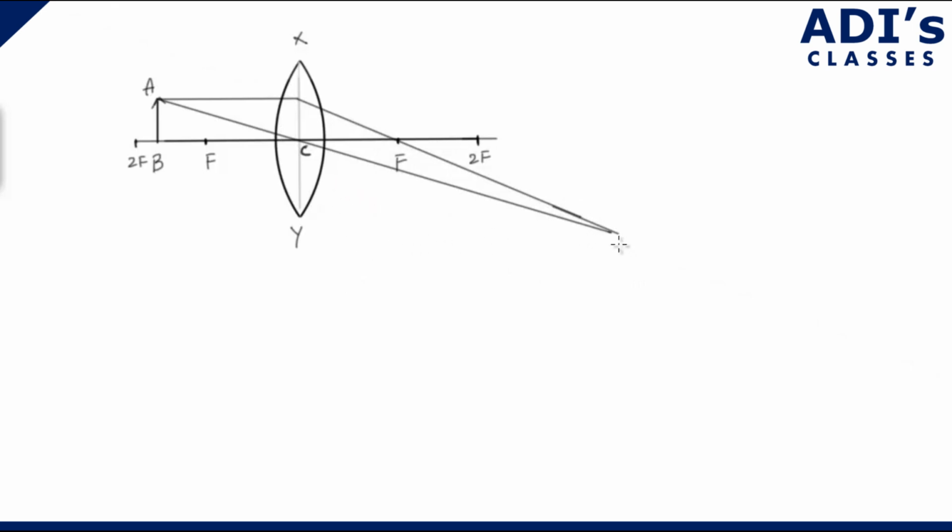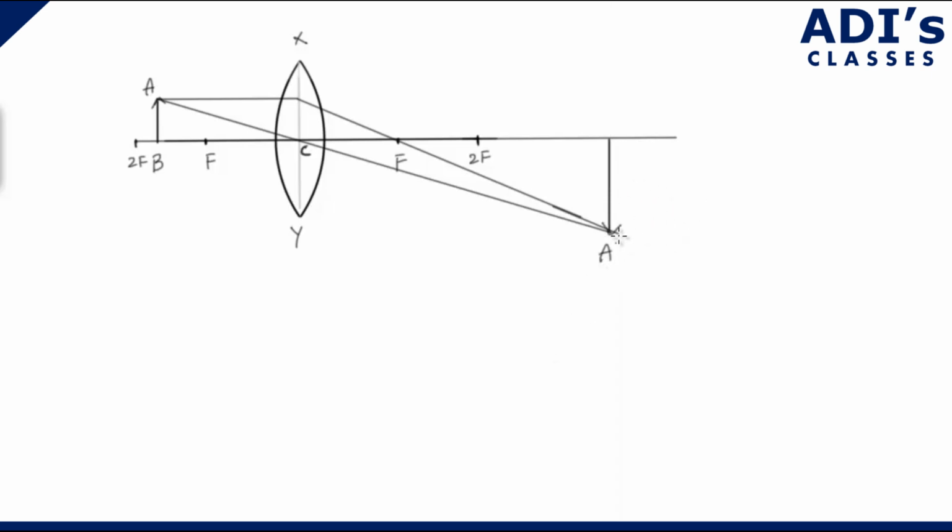So we have an object at AB, and the image is formed somewhere over here, and this is beyond 2F, as you can see, right? So let's try to figure out where that particular object is. This is our principal axis, and this is our image.